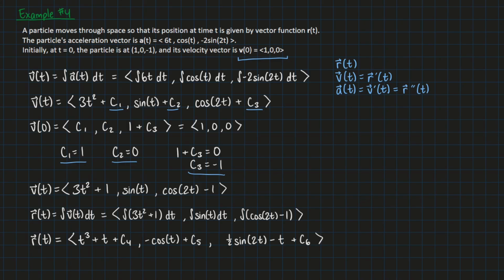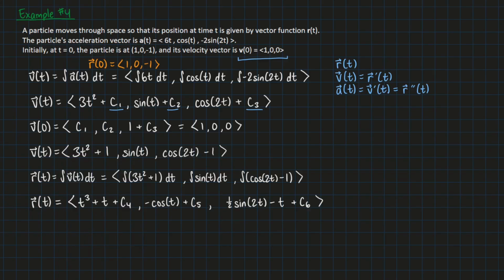And then our initial condition for r, initially at time t equals 0, the particle is at the point 1, 0, -1. So the vector r of 0 equals 1, 0, -1. That's our initial condition for r. So plugging in a 0 for t for r of t, this is what we get. And we set this equal to the vector 1, 0, -1. c4 equals 1. -1 plus c5 equals 0.